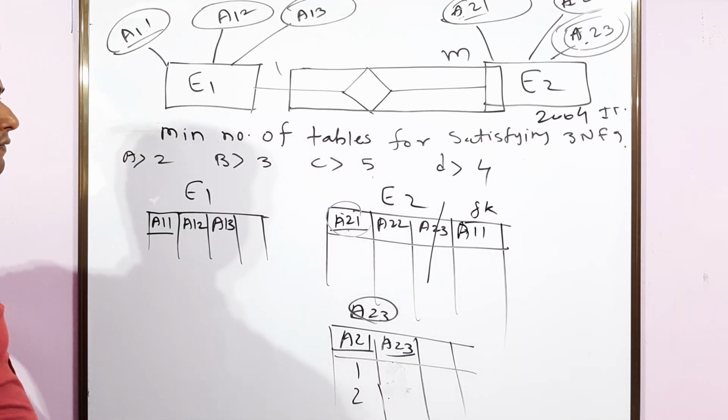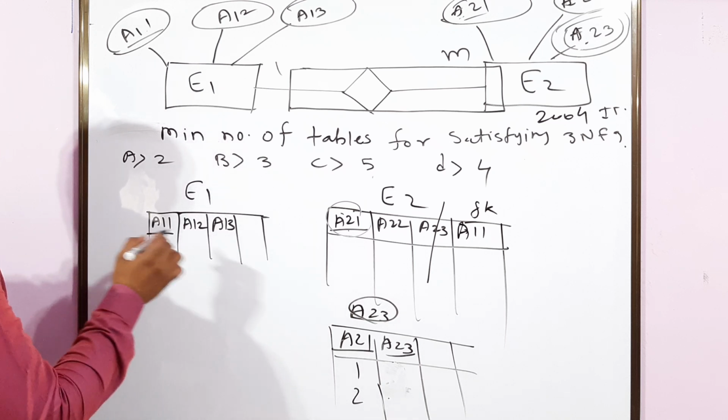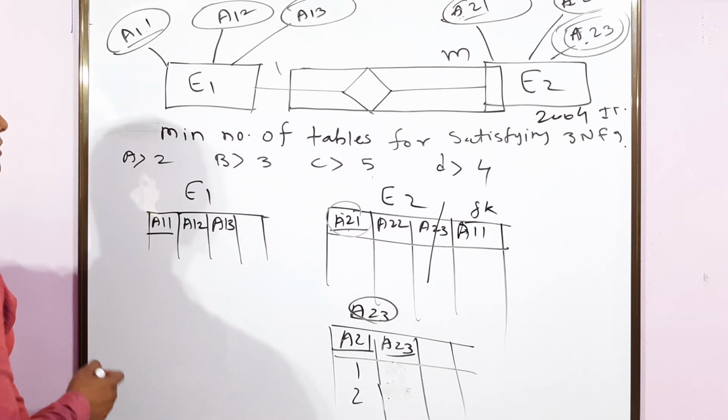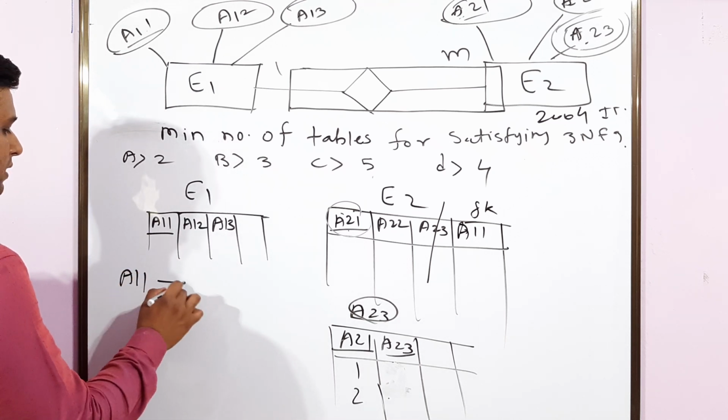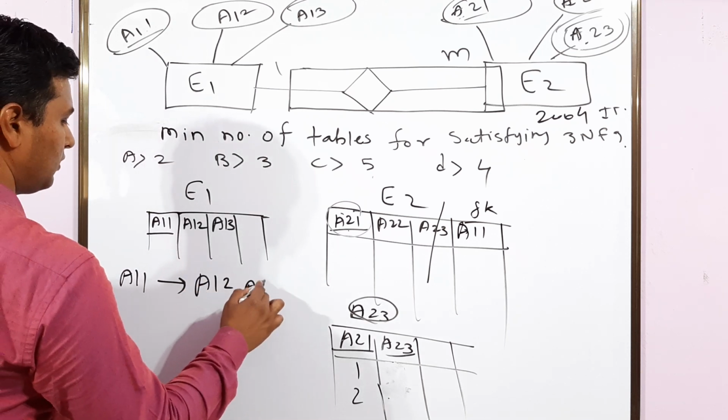Now we have to check whether it is in 3NF or not. For this we have to understand the functional dependencies. In the first table, A11 determines A12 as well as A13.